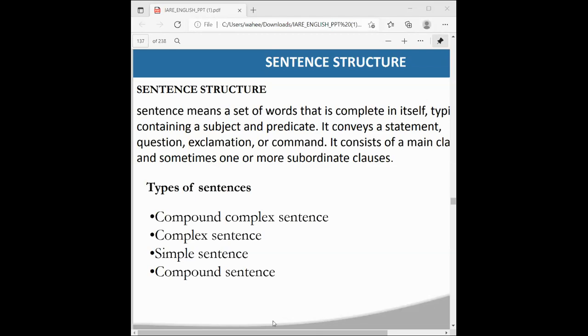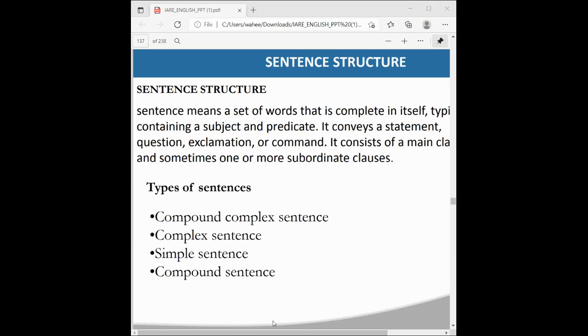Sometimes you also have to define it as: a sentence means a set of words that is complete, typically containing a subject and a predicate. It conveys a statement, exclamation, or command. It consists of a main clause and sometimes one or more subordinate clauses.